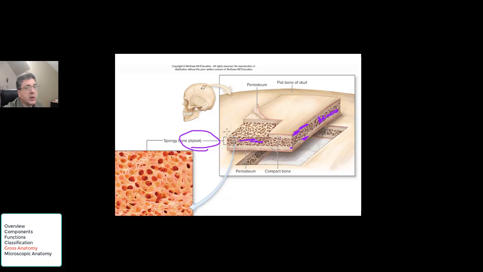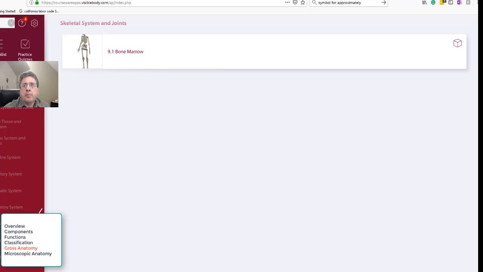The next part, let me pause this and figure out what the next part is. Okay, now that I figured out where we're at, I spoke earlier of yellow marrow and red marrow, and the differences between the two is red marrow is what is making blood cells on this one.